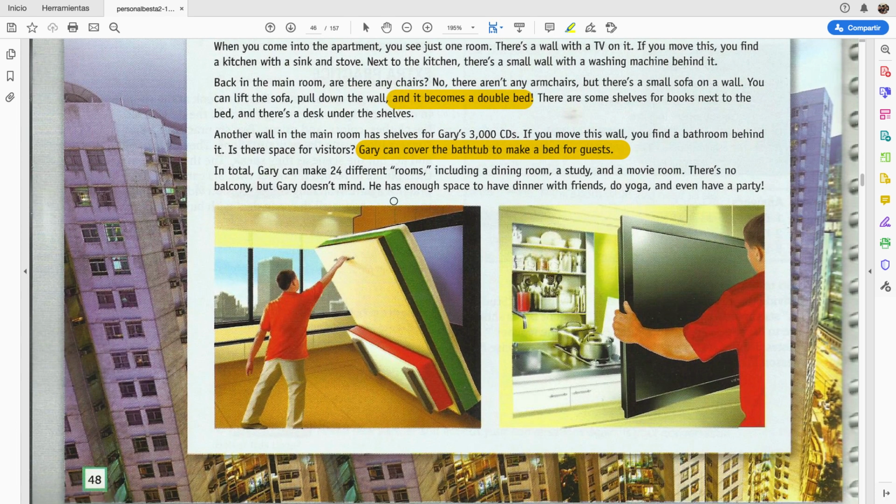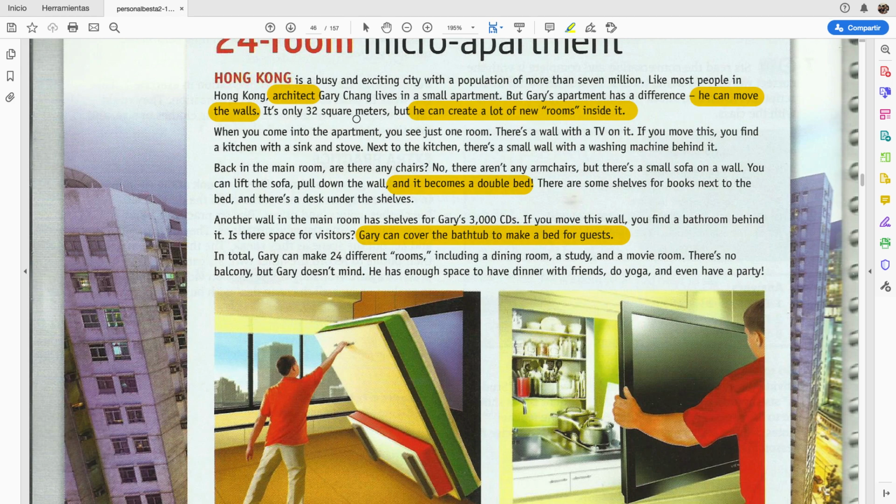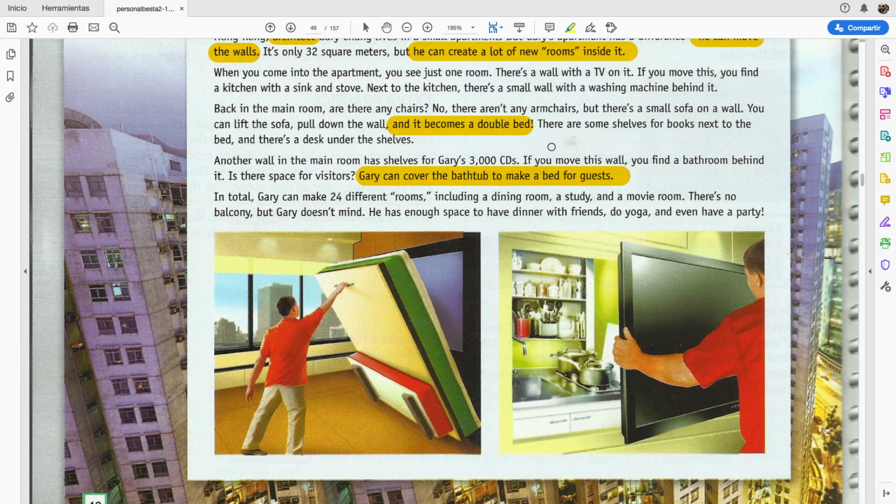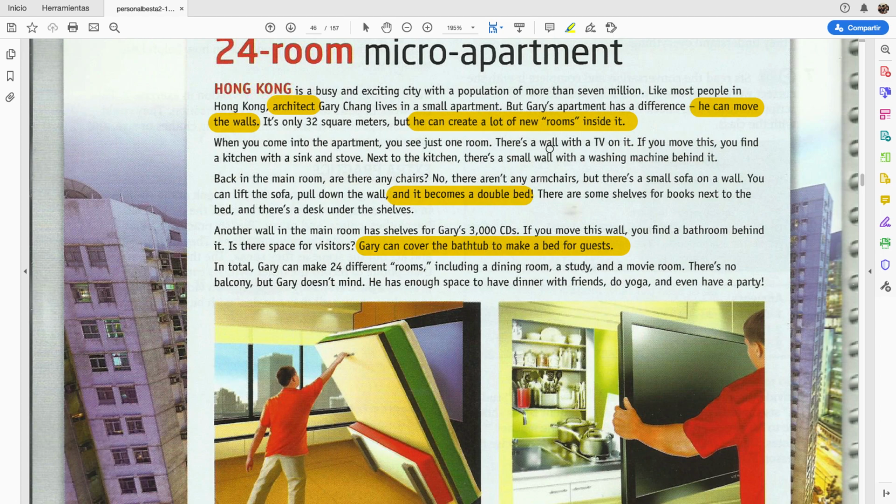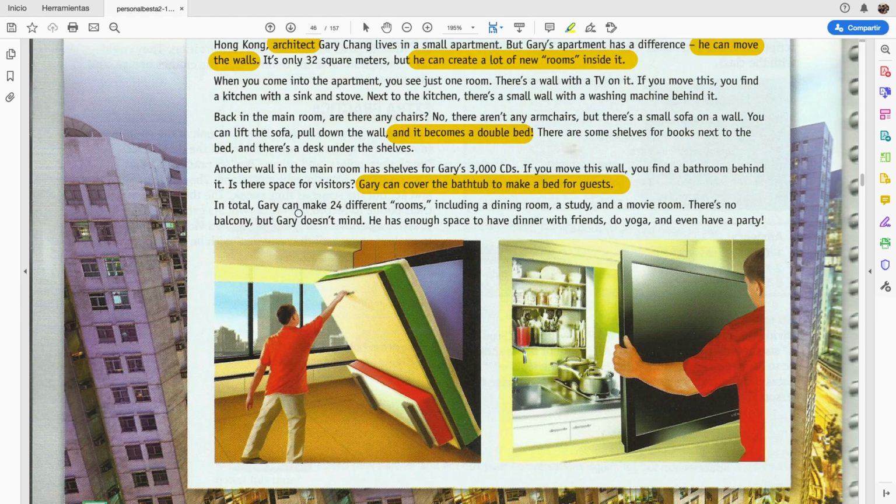And finally, according to the text, what free time activities can Gary do in the apartment? What kind of free activity can he do in this amazing apartment, which is very small because it's only 32 square meters, but he is very organized and he has a lot of tricks to organize it and make 24 different rooms.